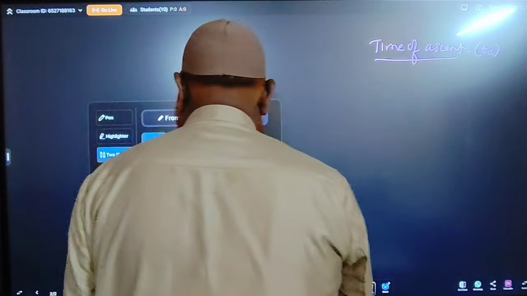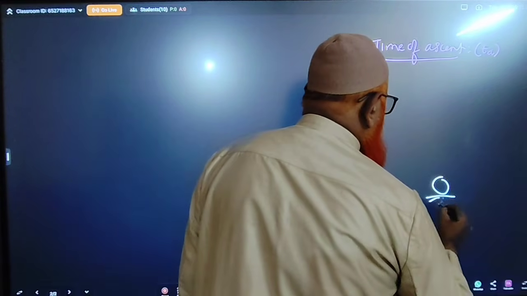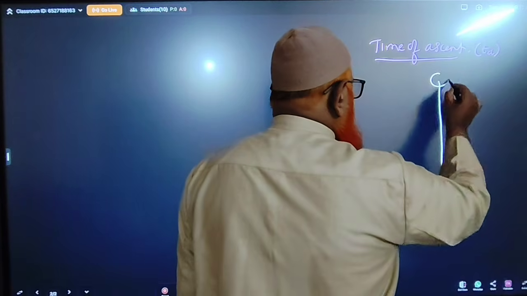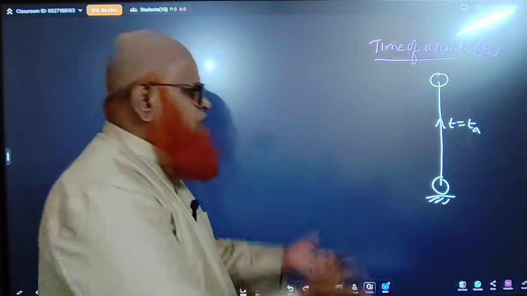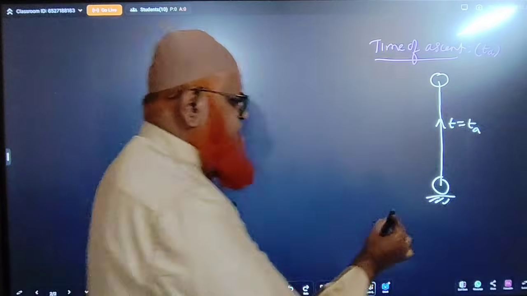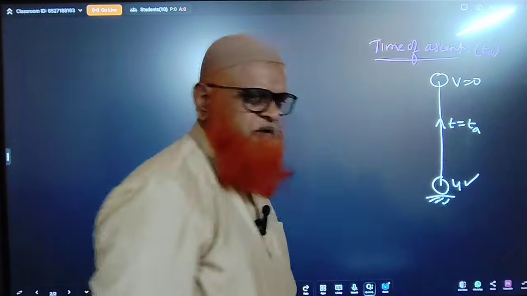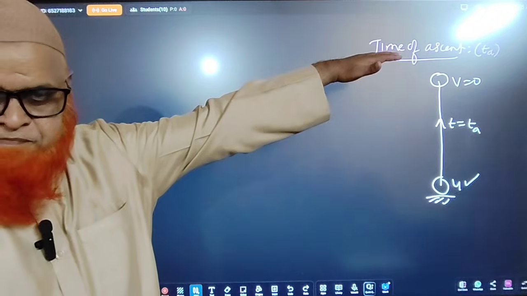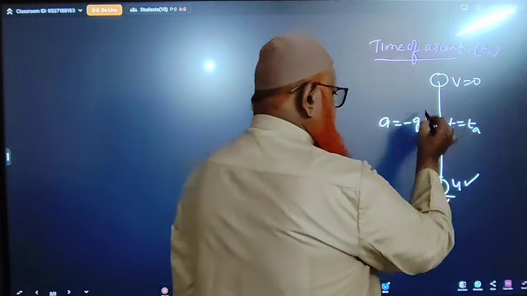For example, I have thrown a ball from the ground, and the ball will reach a certain height. So the time taken is called the time of ascent. Initial velocity is in your hand, and final velocity is going to be 0 when it stops at the topmost point. Acceleration is going to be minus G as the body is going upwards.